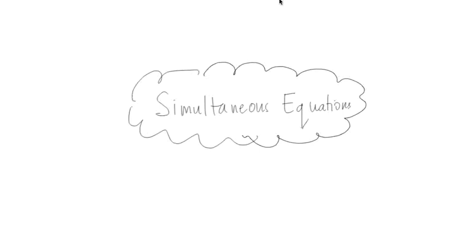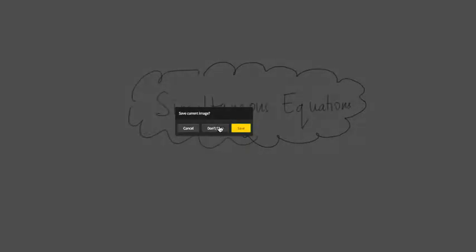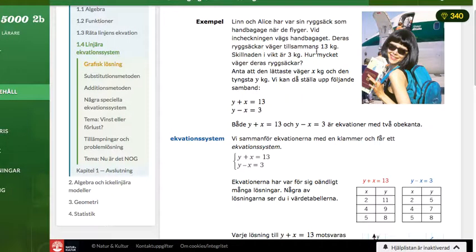So let's take an example. So let's say, this again is an example from Mathematik 5000. There are two girls who are going on holiday and they're checking in their baggage, and they weigh their baggage at the check-in.